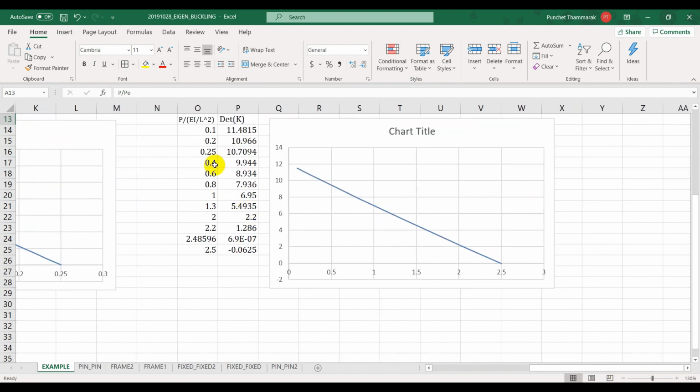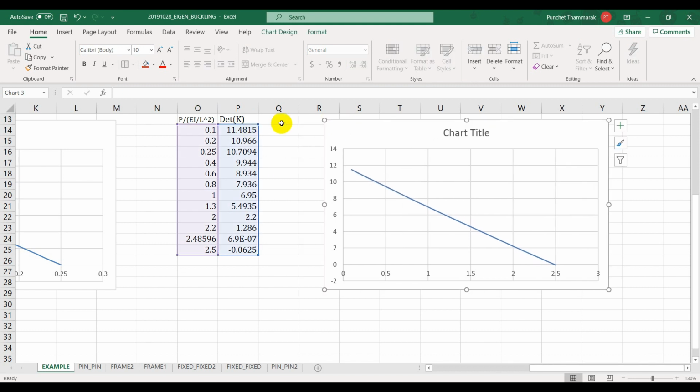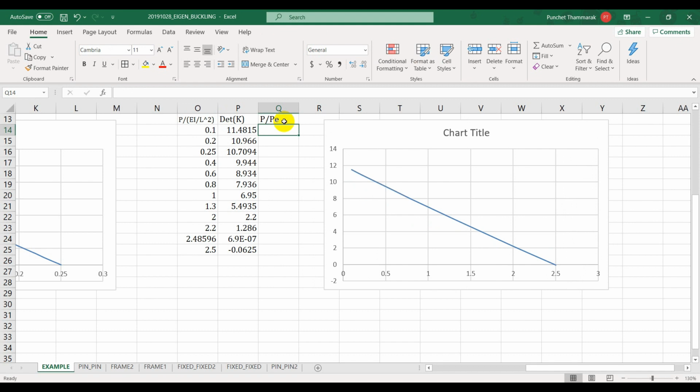So in order to make this P over PE, you have to divide this value by pi square, right? You need to introduce the pi square in there.